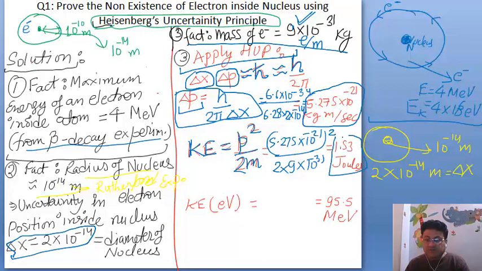1.53 joules. So this is the energy that we are going to get, 1.53 joules. I'm not sure, we are missing some value here. Let me check.